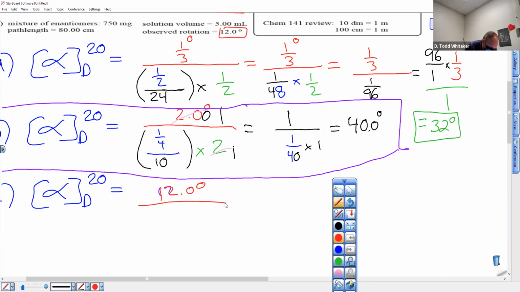And grams is what? 750 milligrams is how many grams? 3 over 4. How many milliliters this time? 5. And somebody said 8. They were correct. 8 decimeters.